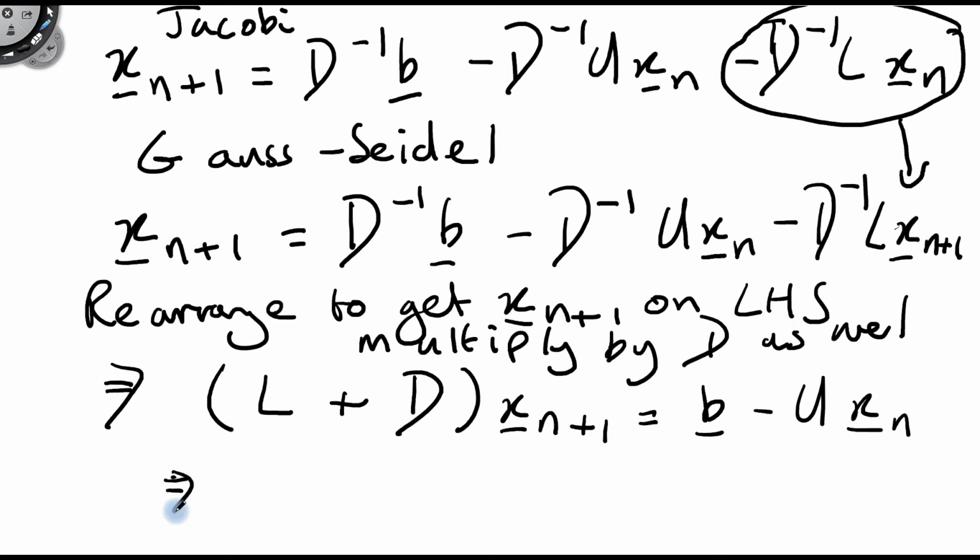So now, remember this is a matrix problem, so we have to multiply by inverses, we don't divide through by matrices. So we basically multiply through by L plus d inverse now.